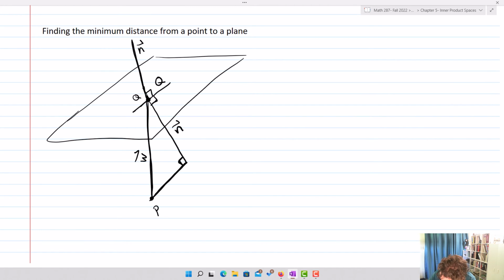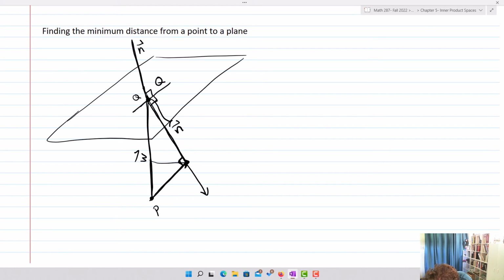If you remember how orthogonal projections work, we take W and project it onto N. N is in this direction, and we'll imagine N might be a little bit longer.